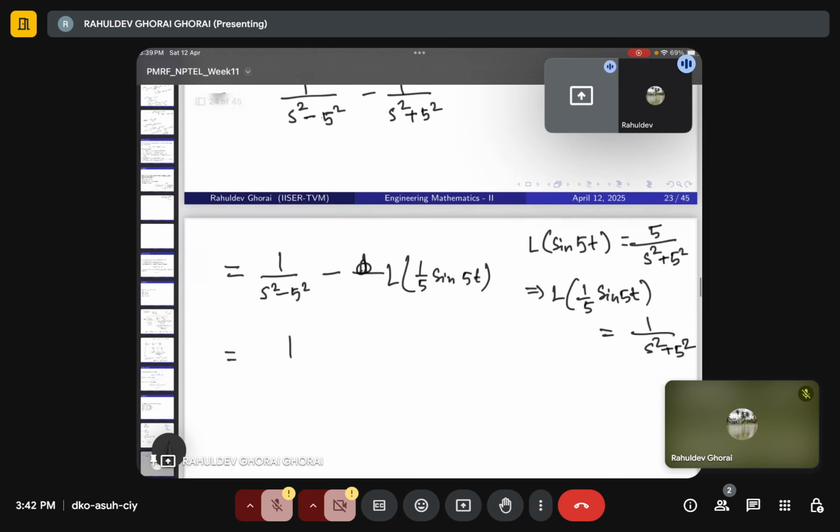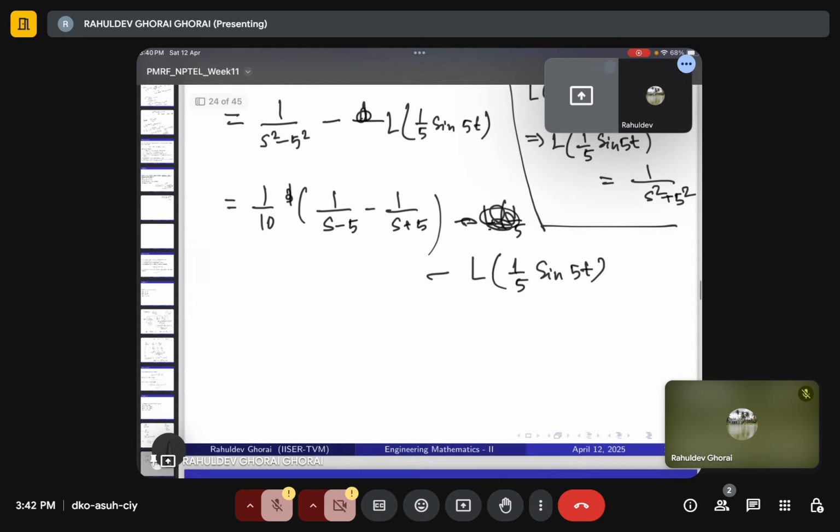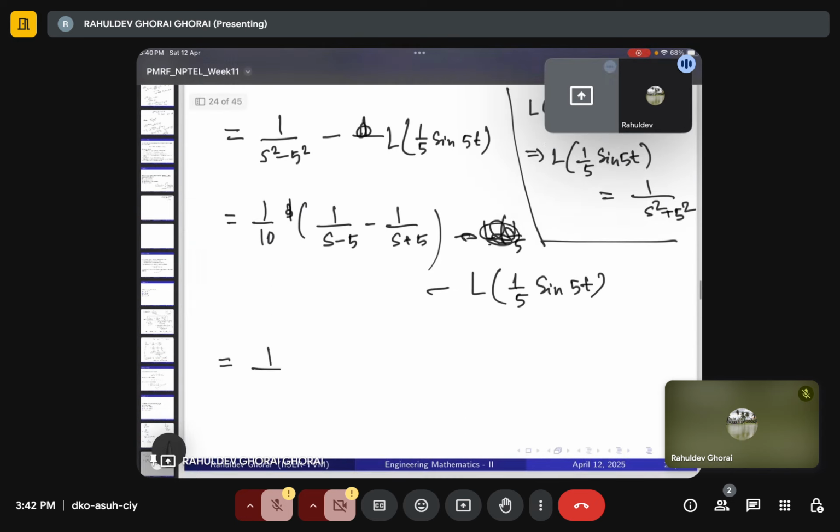Now this one, you see, you can write as 1 over 10, 1 over s minus 5 minus 1 over s plus 5. So this one will keep as it is. This is rough. So minus L of 1 over 5 sine 5t. That is equal to 1 over 10. Now we know this is nothing but L of e to the power 5t minus e to the power minus 5t, minus L of 1 over 5 sine 5t.